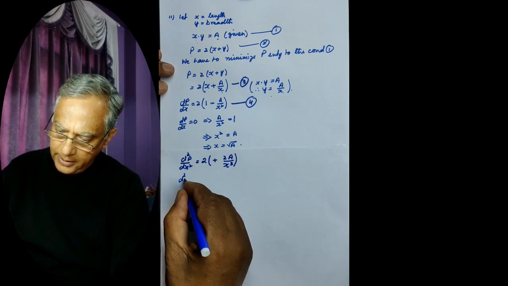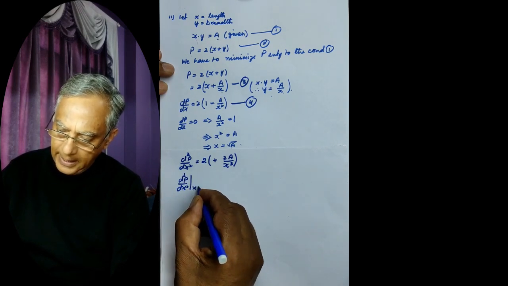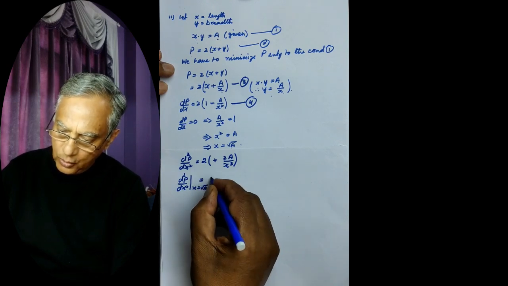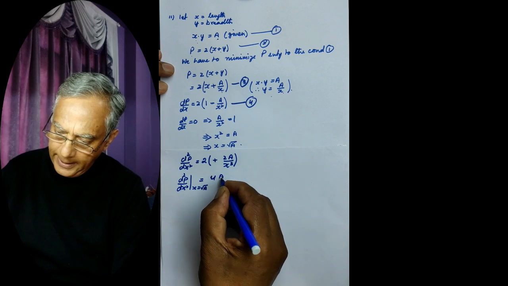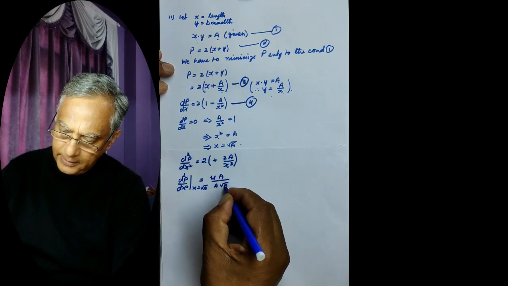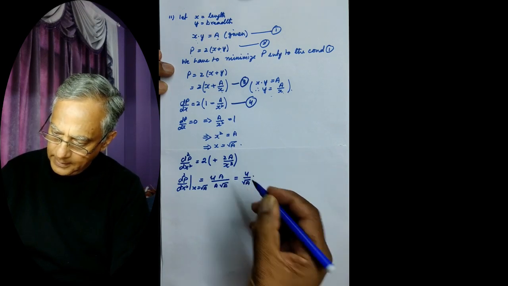And therefore d2p by dx square at x is equal to root a is equal to 4a over a root a, that is 4 by root a.